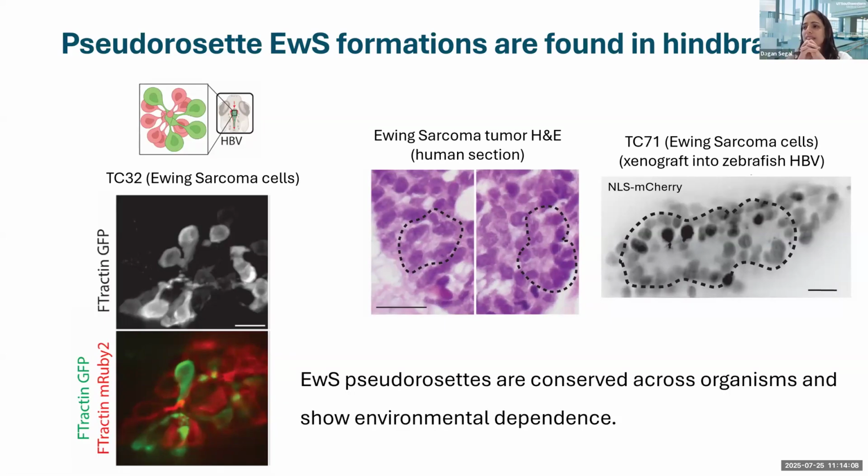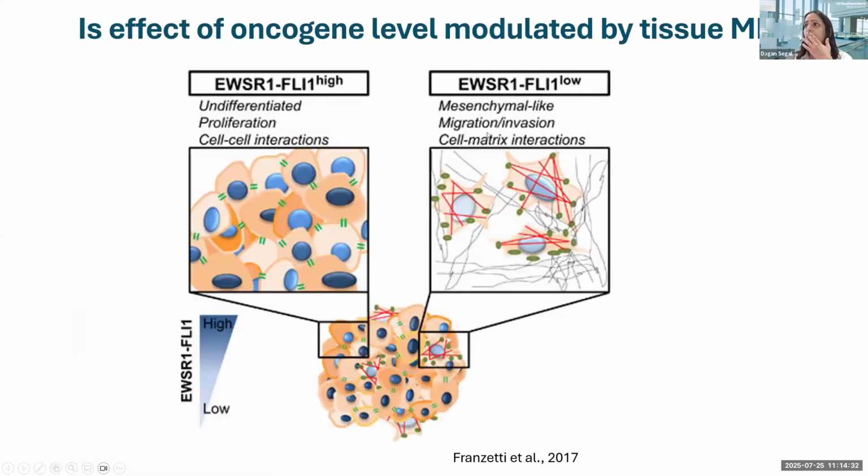So this was a really exciting observation for me because it showed remarkable parallels between the human presentation of the disease and our zebrafish model, and gave first evidence that this clinical phenomenon is actually environmentally driven. So I thought that was really interesting. So we were able to see that the different microenvironments could drive different phenotypes.